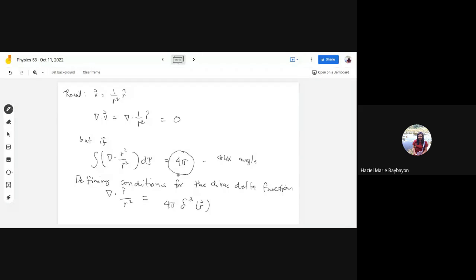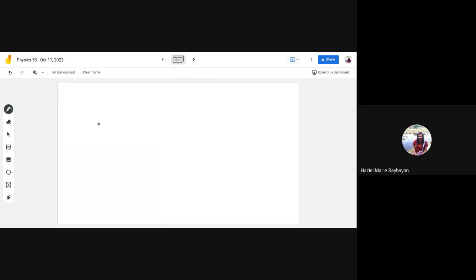4 pi. Okay, so more generally, you can change this one. We change this r into the separation vector R. So we can write it as this. You have the divergence of the separation vector R, 1 over the separation vector R squared, R hat is equal to 4 pi multiplied by the Dirac delta function.